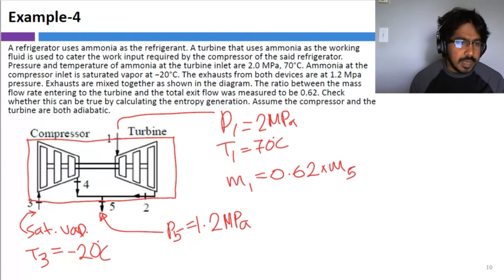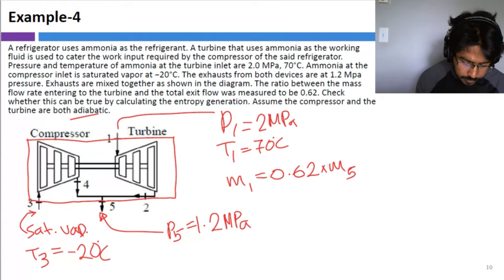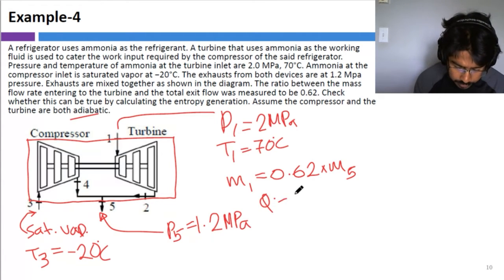Assume the compressor and the turbine are both adiabatic. So now there's no heat transfer, Q equals 0.